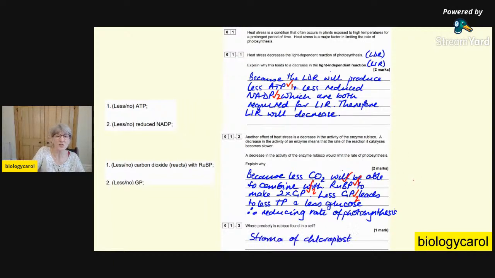I ended up writing too much, I don't see how I could have avoided that. And here it asks you specifically where Rubisco is found. And of course, you are supposed to know that the light-independent reaction, the Calvin cycle, happens in the stroma of the chloroplast. And therefore, that's where Rubisco is.